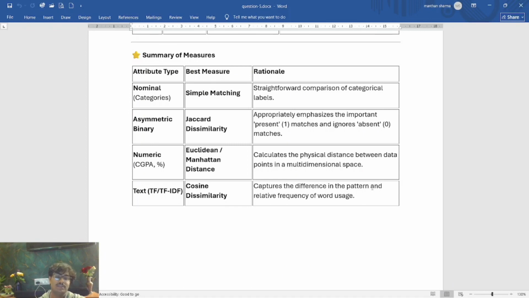And for text vectors, we use TF or TF-IDF cosine dissimilarity, which captures the difference in pattern and relative frequency of words used.